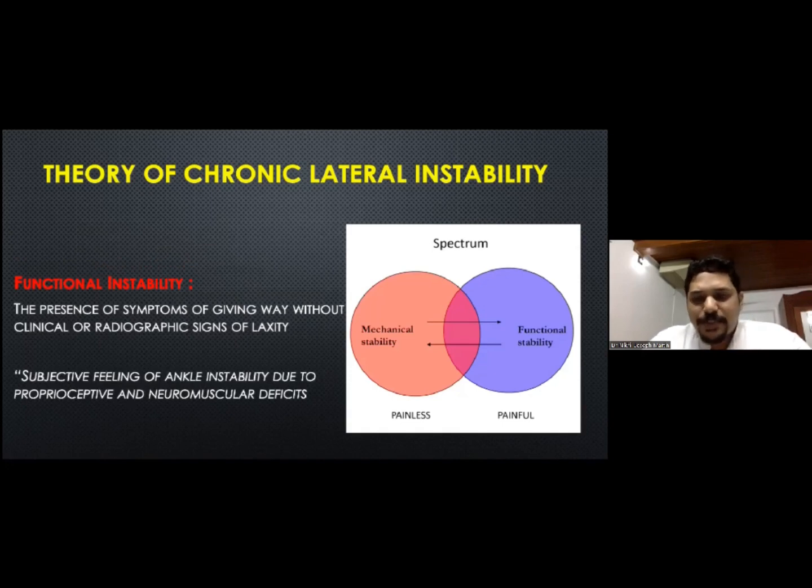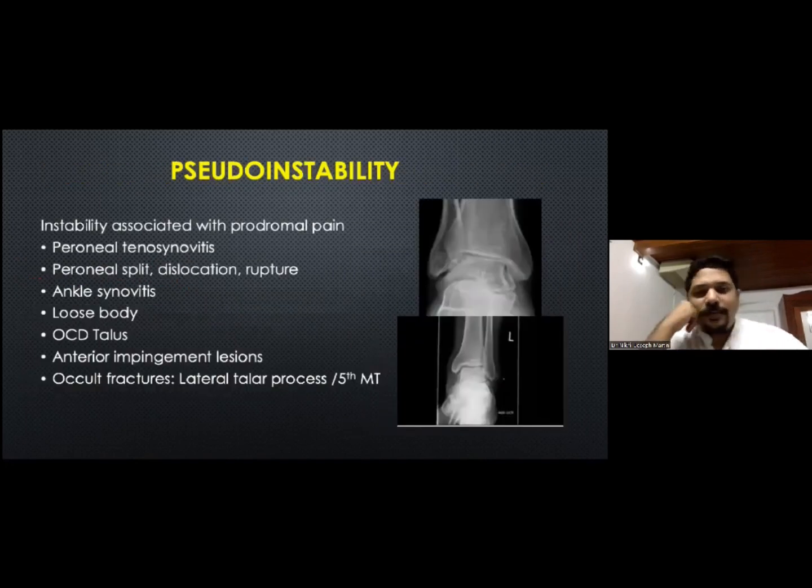If you see the picture, there is a combination of factors, both mechanical and functional instability, to a varying degree. Some might be painless and some might be painful. Coming to pseudo instability, this is instability which is not per se due to ligamentous injuries.